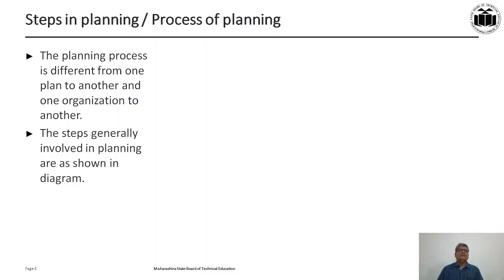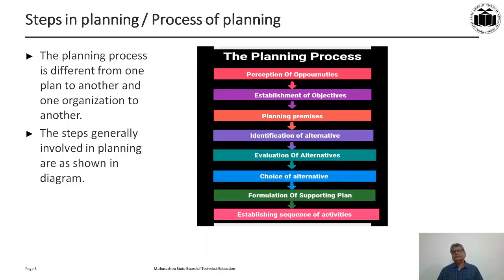But on an average, the general steps involved are as follows. They are perception of opportunities, establishment of objectives, planning premise, identification of alternatives, evaluation of alternatives, choice of alternatives, formulation of supporting plan, and establishing sequence of activities.